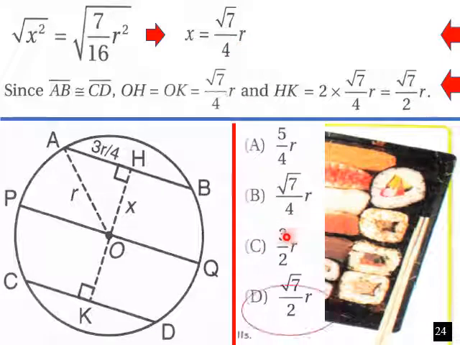Since segment AB is congruent to segment CD, OH equals OK.